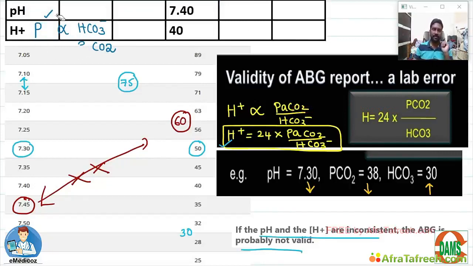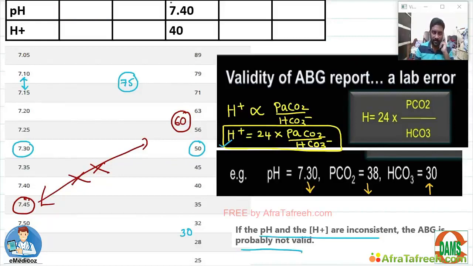So what is that? Let us take pH and the correlating H plus. We know that normal pH is 7.35 to 7.45, so the reference value can be taken as 7.40.